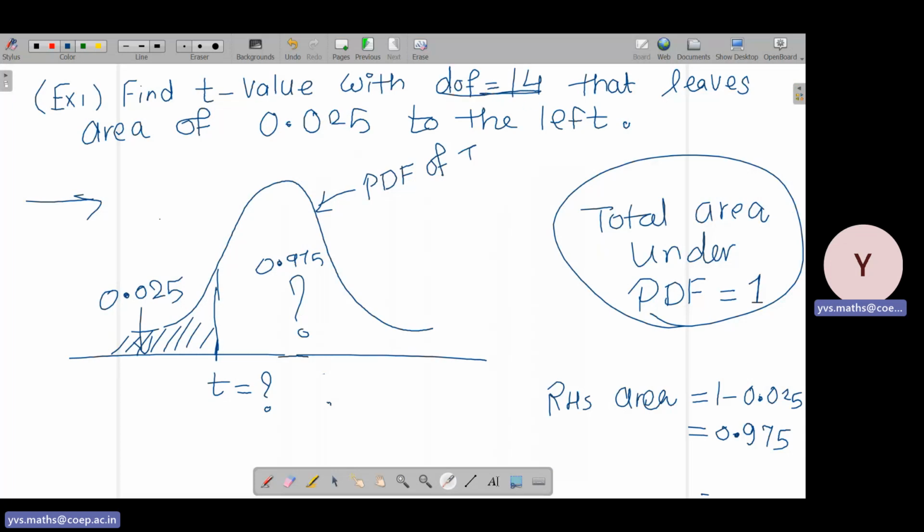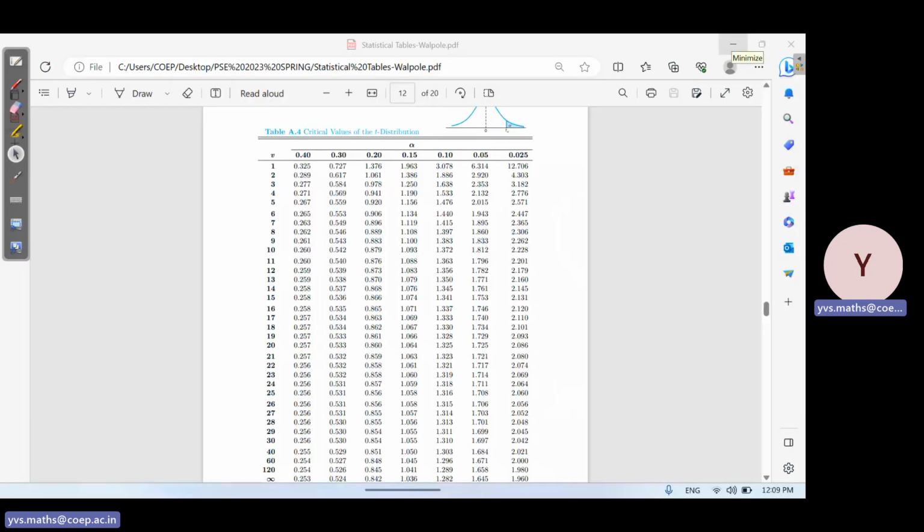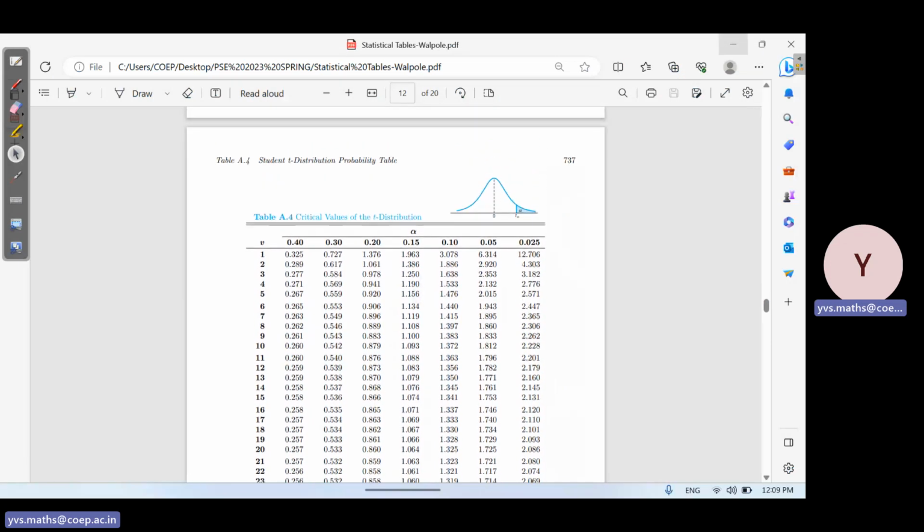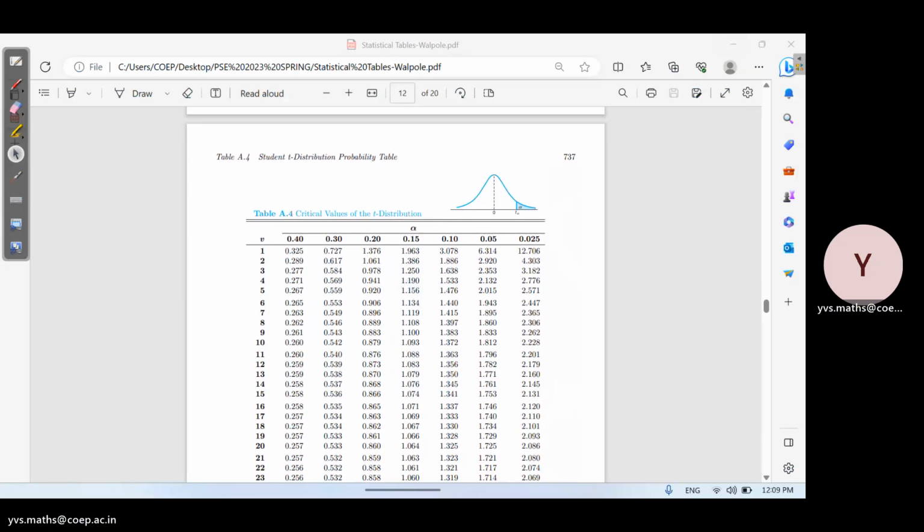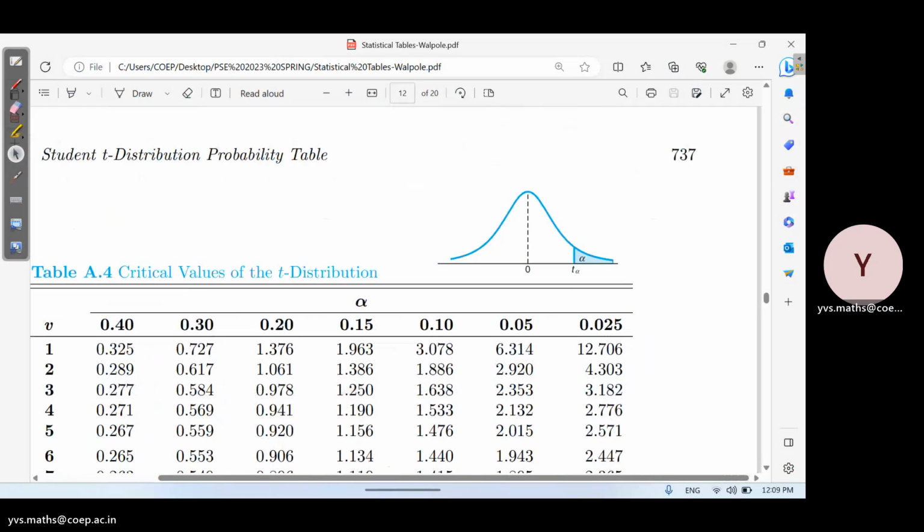If you concentrate on the graph of the t table, the t distribution follows a bell-shaped curve, and this part is shaded. Let me expand my page.